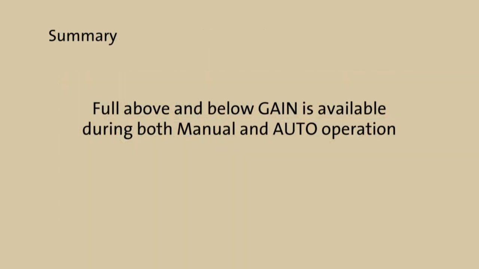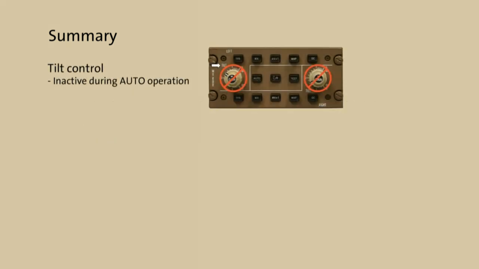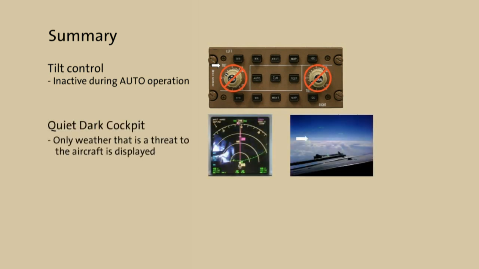In summary, remember that full above and below gain is available during both manual and auto operation. Major differences between operating the radar in manual mode and in auto mode include the following. First, when operating in auto mode, the tilt control is inactive. Second, in auto mode, MultiScan utilizes the quiet, dark cockpit philosophy, and weather that is below the aircraft altitude is not displayed.